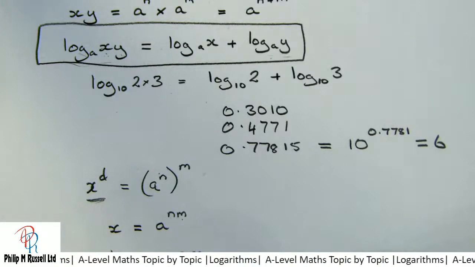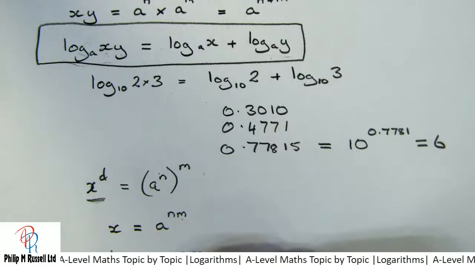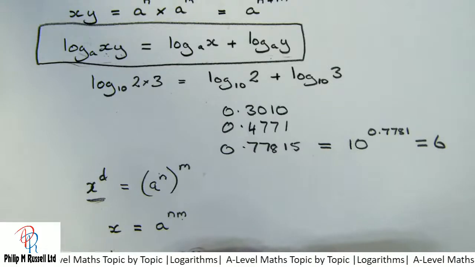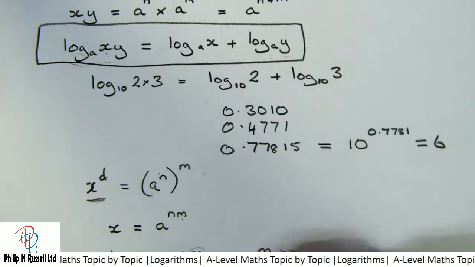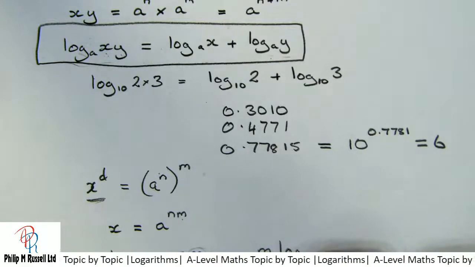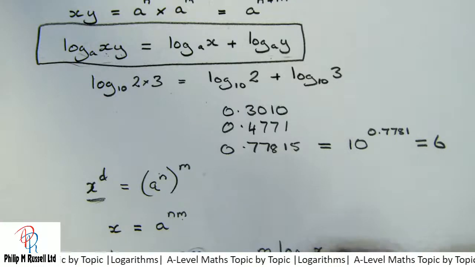And so what I can do is simply multiply one of these numbers by the log. So this is going to be m times the log to the base a of x.